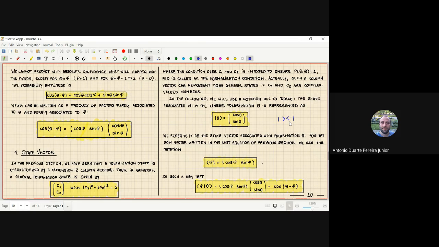Let me reply to that. So when you take this particular order, phi and theta appear as bra and ket, you obtain a scalar. So this is a scalar product, and everything is fine.